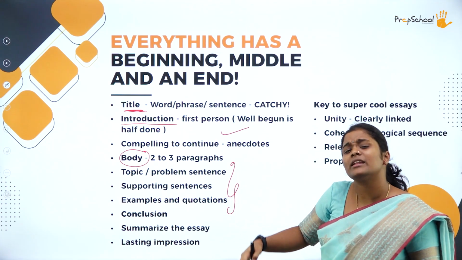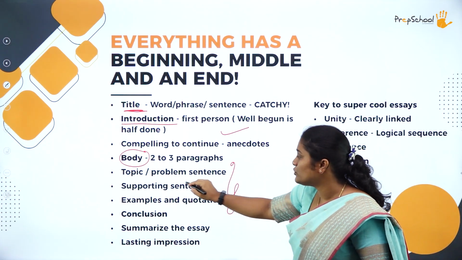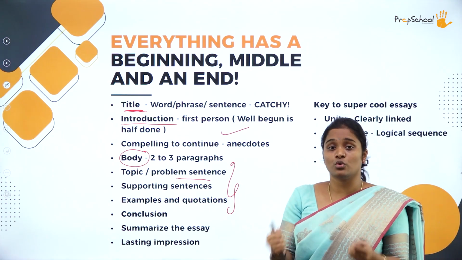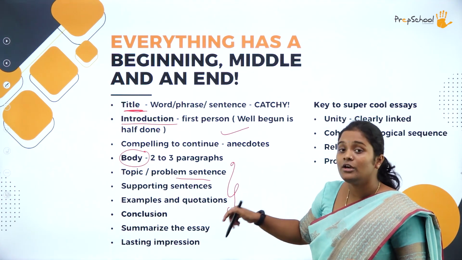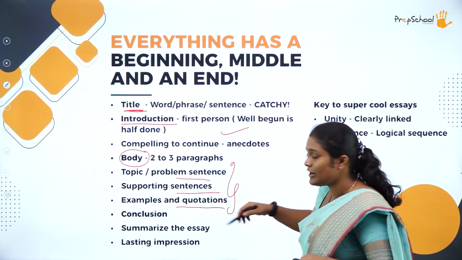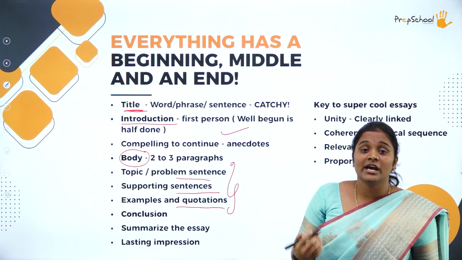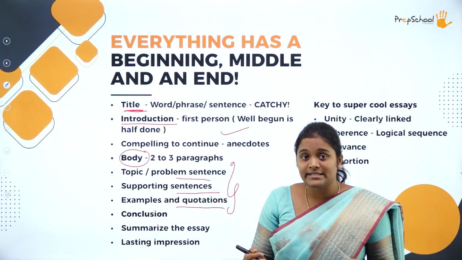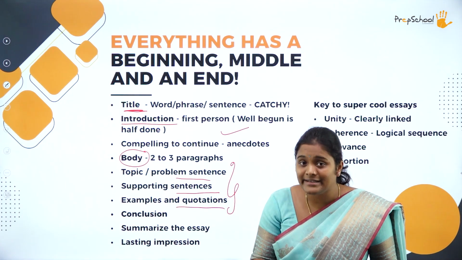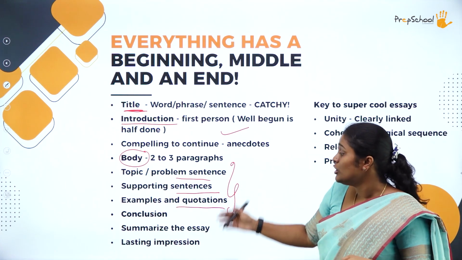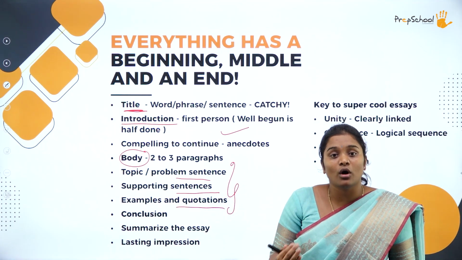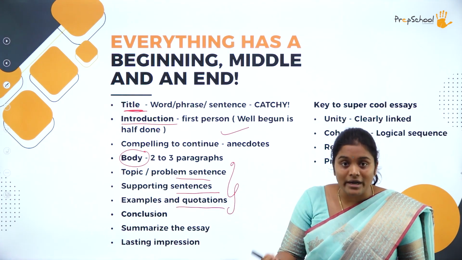Within 2 to 3 paragraphs or even more, you'll have to use a topic or problem sentence, the one thing that you have chosen to talk about in the body. Then the supporting sentences, examples and quotations: use examples to justify your essay, to make it more authentic, more accessible to them. Use examples, use quotations. It will give your essay the weightage it requires.